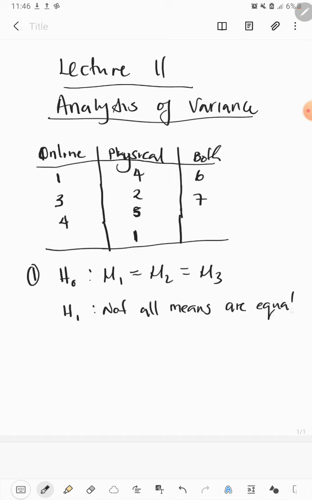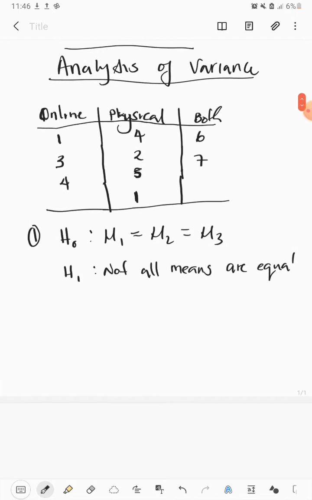This is always the alternative hypothesis. You state mu1 is equal to mu2 is equal to mu3, and the alternative is always not all means are equal, in words. You can even put mu1 not equal to mu2 not equal to mu3. That is still okay. All right, so this is the first step.